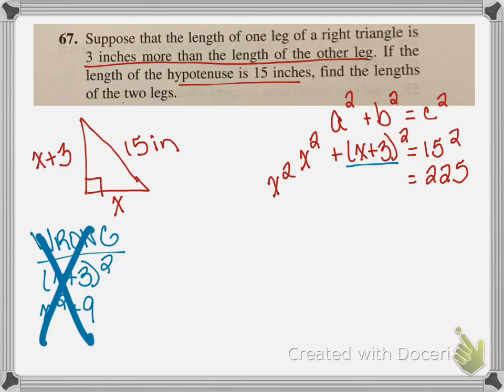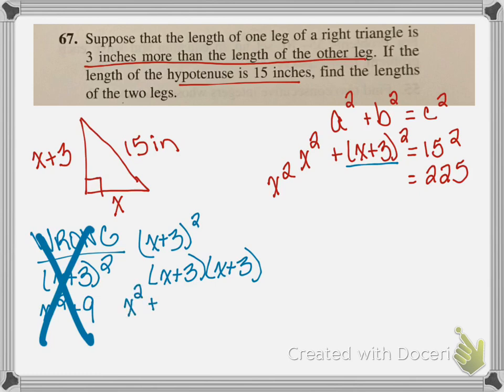What you have to do with this x plus 3 is FOIL it. What x plus 3 squared means is x plus 3 times x plus 3. So we have to FOIL that. I have x times x is x squared. X times 3 is 3x. 3 times x is 3x. 3 times 3 is 9.